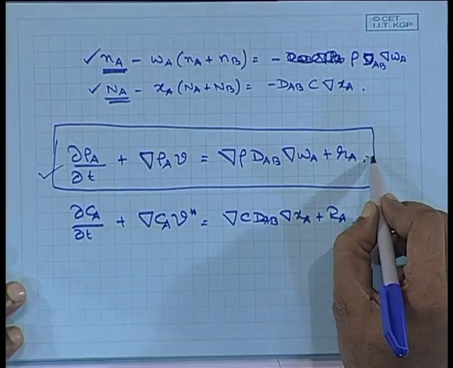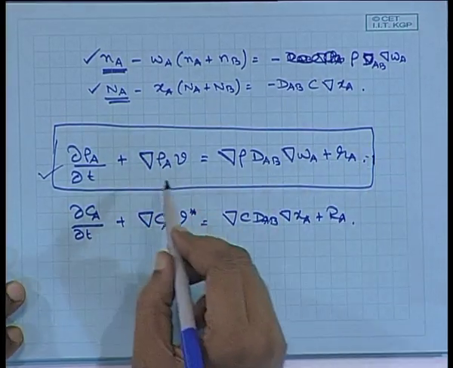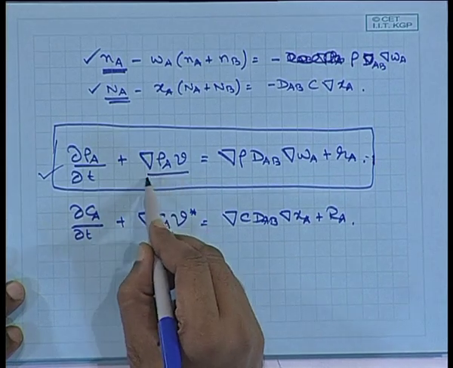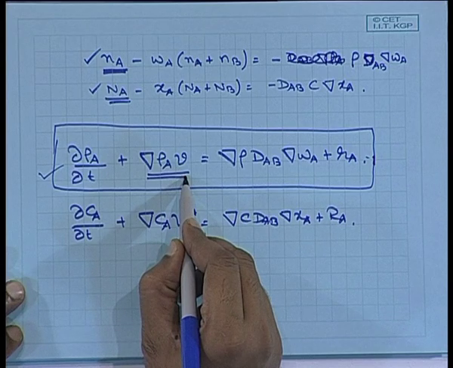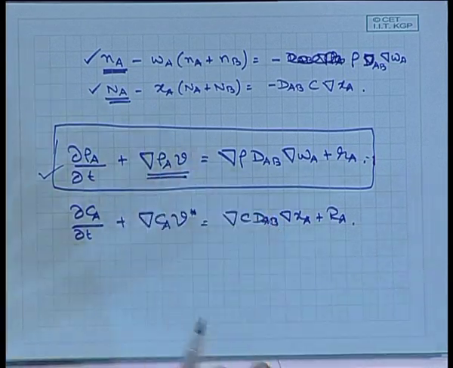So, I am going to start with this equation and I will simply expand this term. So, it is going to be rho A times divergence V plus V times divergence rho A. That is going to be the only difference.